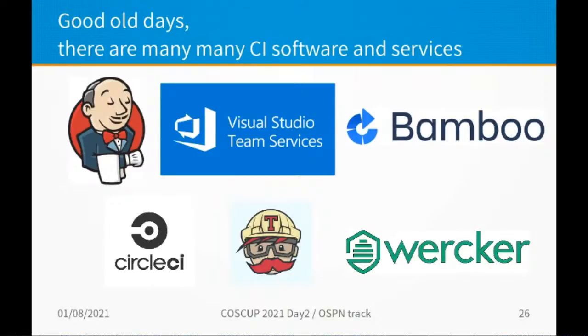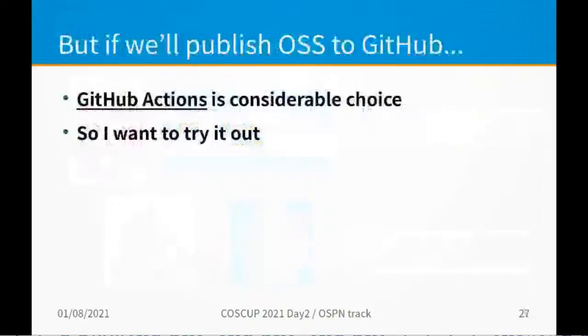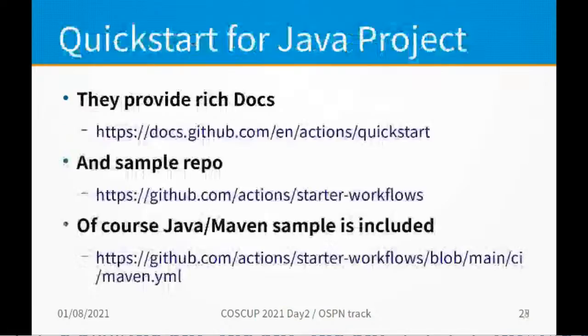I love to use Jenkins, but I know this is already past the Jenkins era. If I publish open source software to GitHub, GitHub Actions is a considerable choice. So I want to try.